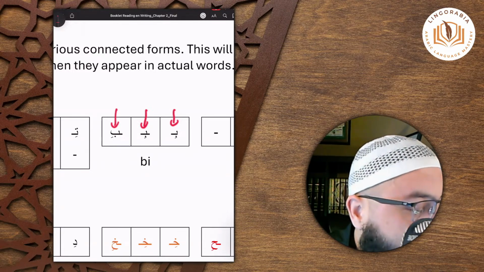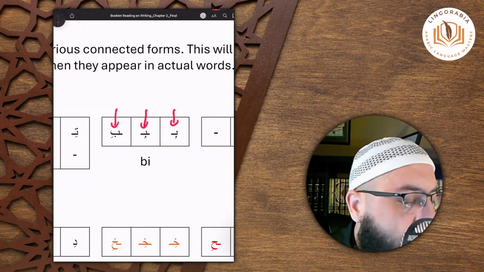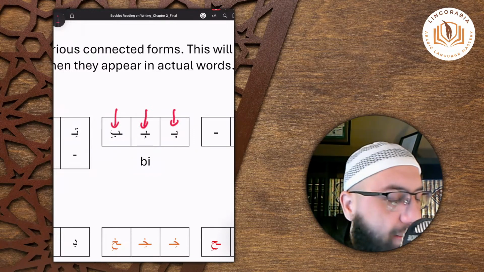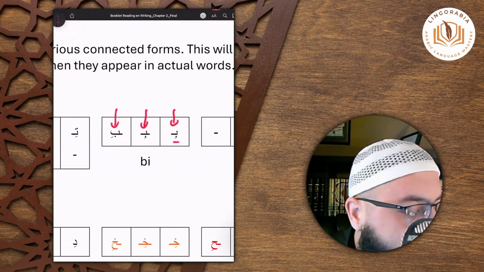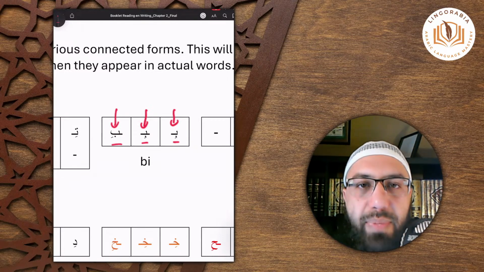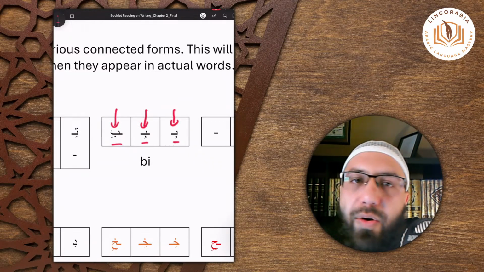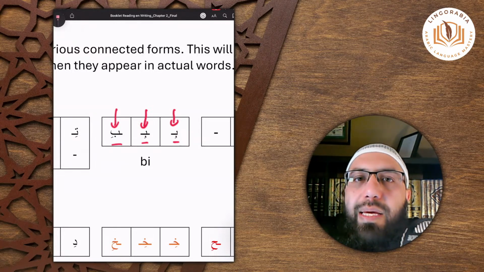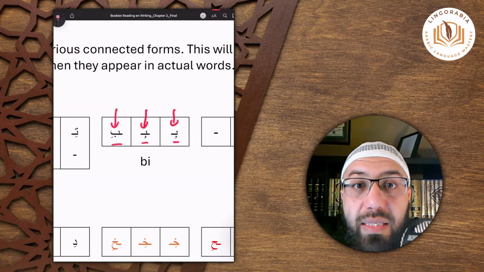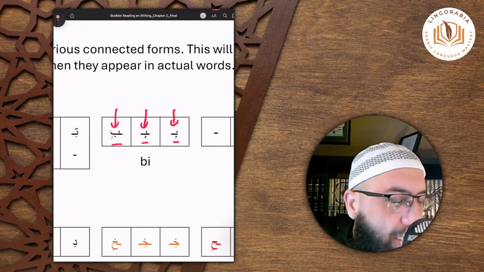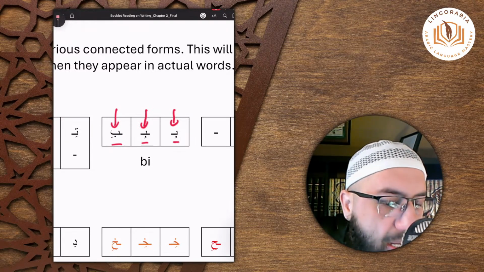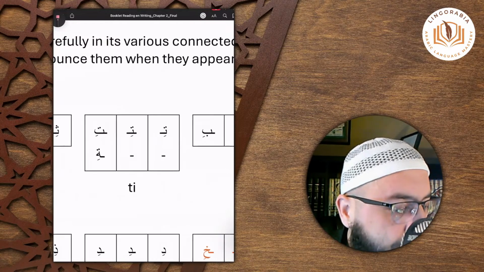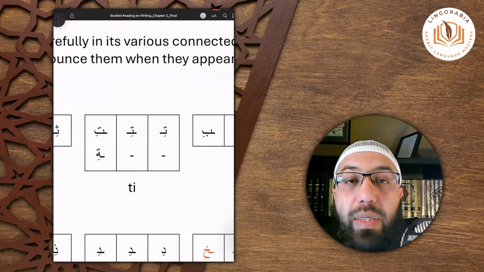But in all three cases, doesn't matter where the letter is, it will have the same sound. You say B, B, B. So the sounds that we have covered will stay the same, regardless of the position of the letter in the word. This is what we want to communicate with you guys.